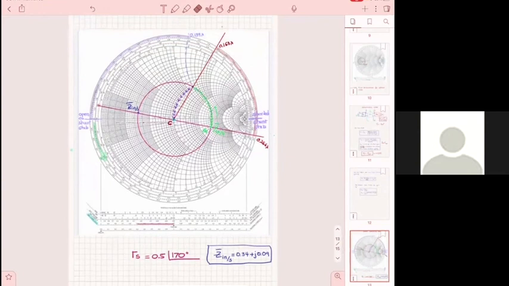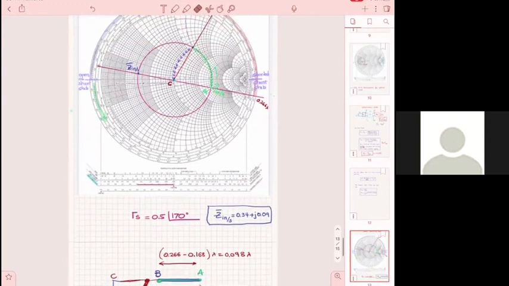Now, you could argue that no matter how I go, I should find the same result, which is true. For the same reason, I could move from C and go out towards the source to find the same result that I had before.